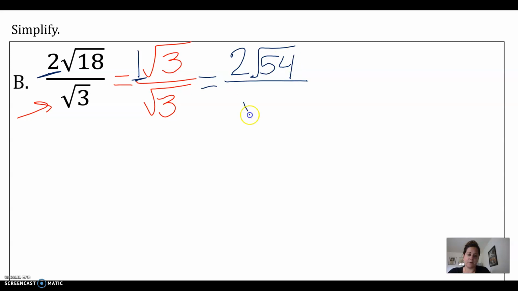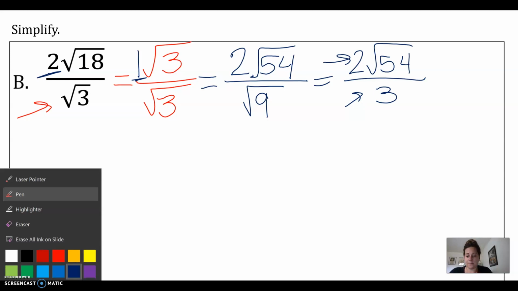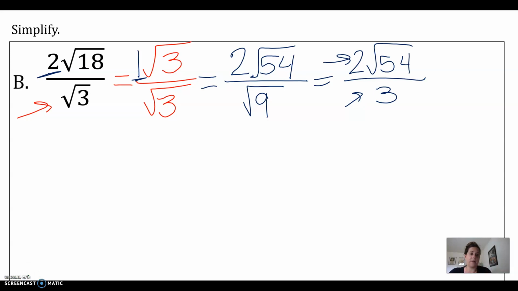And 3 times 3 will be the radical of 9. I'm going to clean this up a little bit. And I believe I get a 3 on the bottom. Now, again, I'm looking at this 2 and this 3. Can't reduce those. However, still not fully simplified. This needs to be broken down.